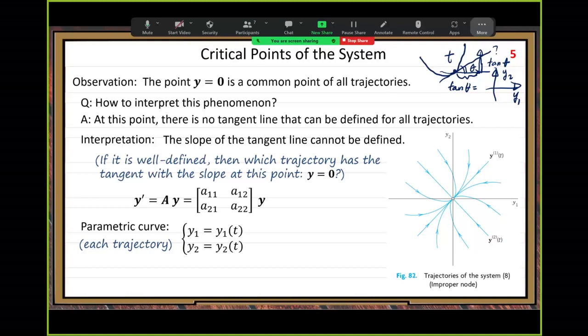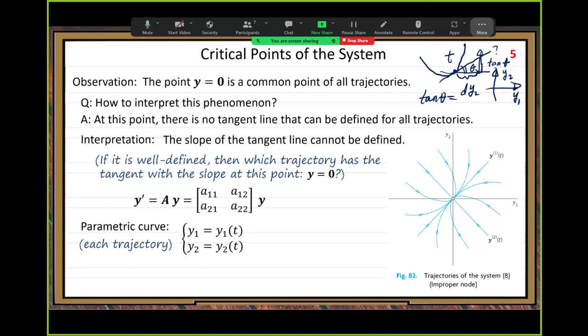What's the direction of the opposite side? Y2. So for the opposite side we use dy2, a differential.